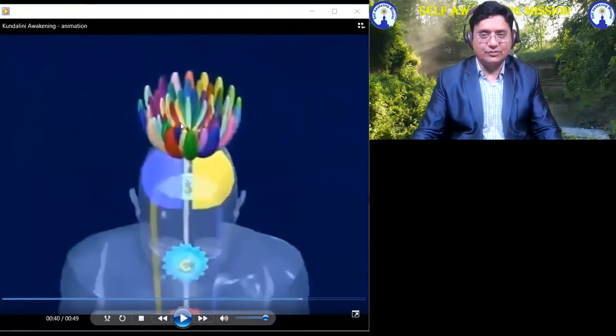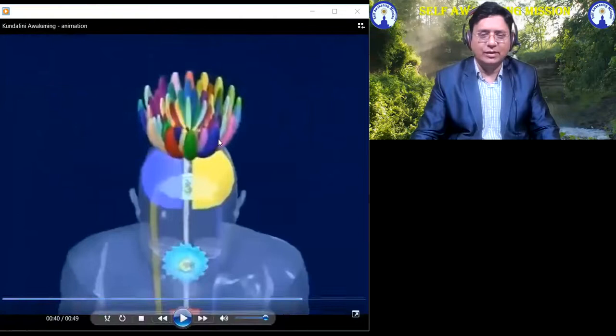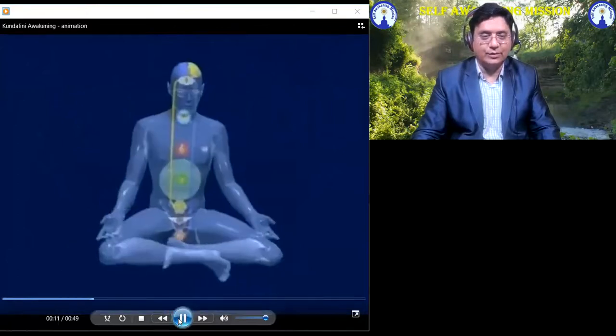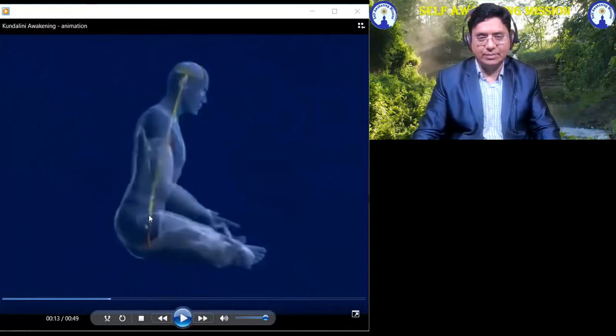The lotus is blooming like this, and is so beautiful, and this is where we are all trying to reach, the crown chakra, and we are trying to connect these two along with the spinal cord. This connection is like this. The connection is in between, here. I think you should be able to understand that.